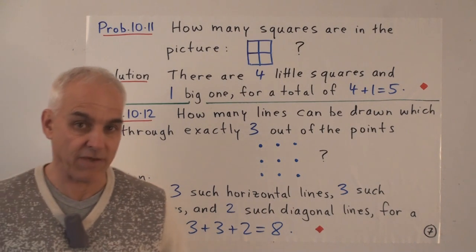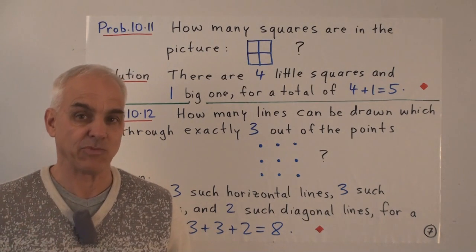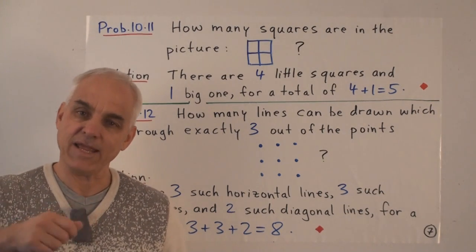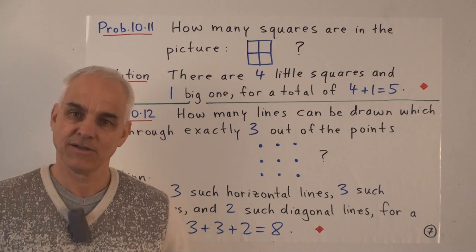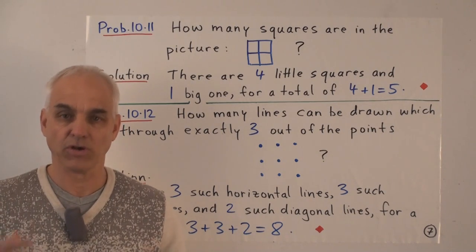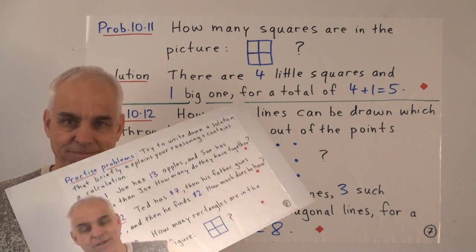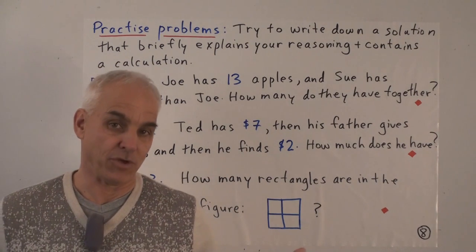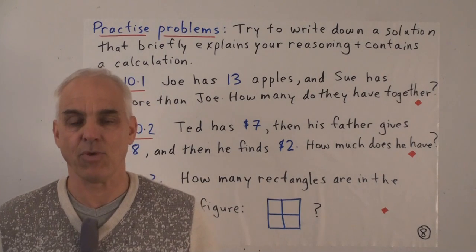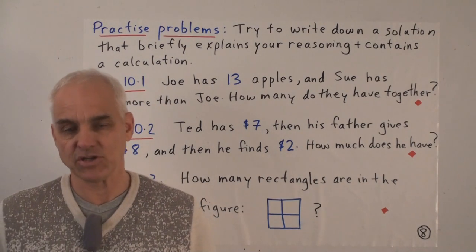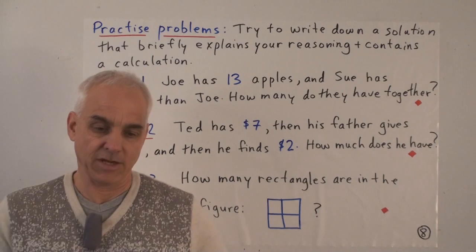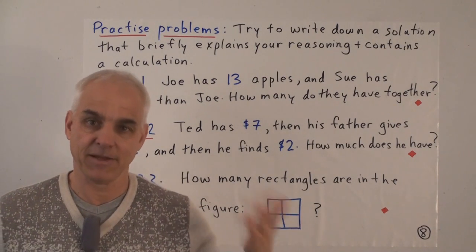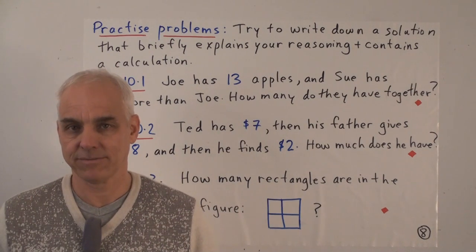Now it's time for you to have a go. Here are some practice problems for you to practice not just doing a bit of addition, but also writing out concise solutions that capture your trains of thought. So here are some examples for you to practice, first of all, your addition skills, rather simple ones, but also, more importantly, just to interpret problems and to write out a solution using words that reflect the problem that you're asked.